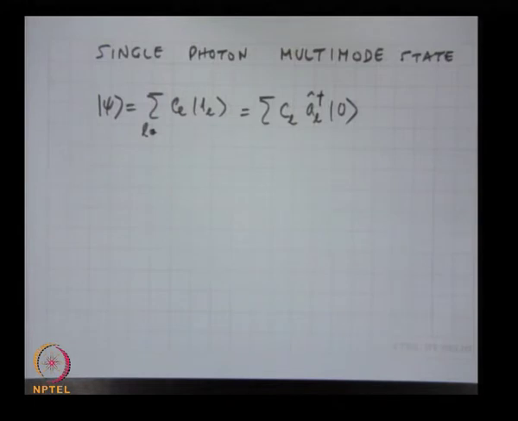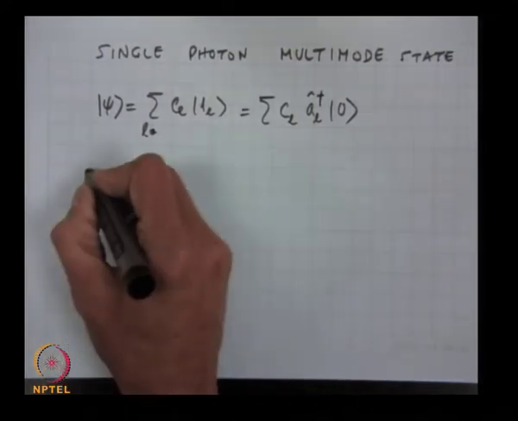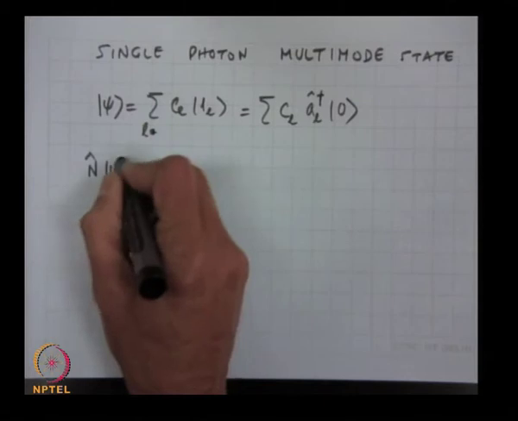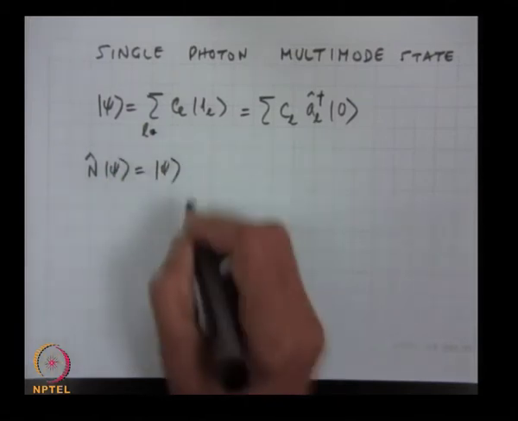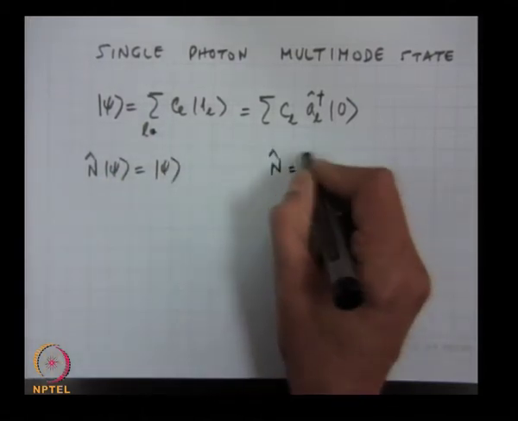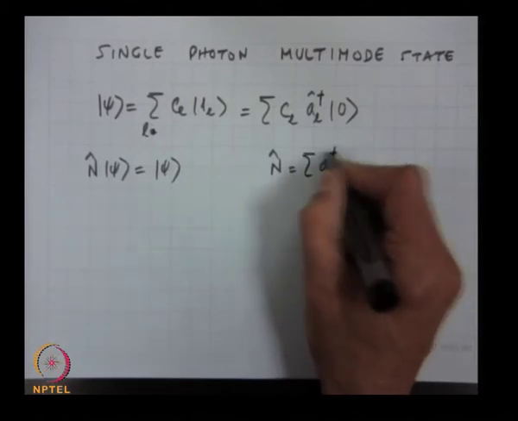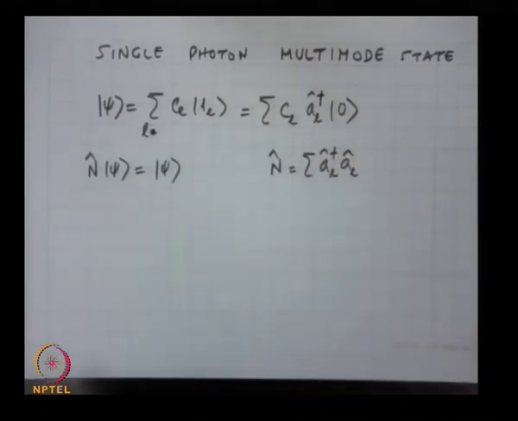We had already discussed this earlier. You can show that N psi equals psi, where N is the total number operator, which is sigma A_L dagger A_L. This is an eigenstate of the total number operator, which means the total number of photons in the state is exactly 1.